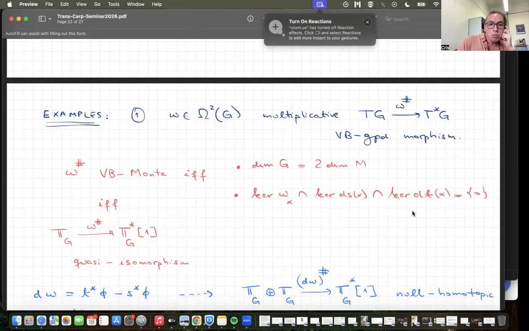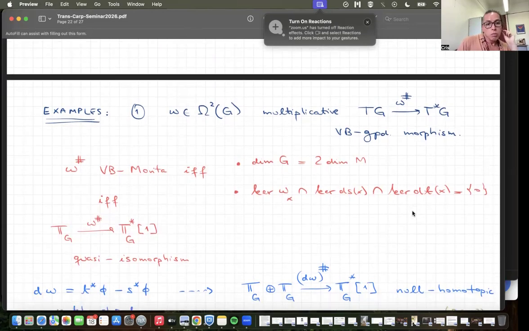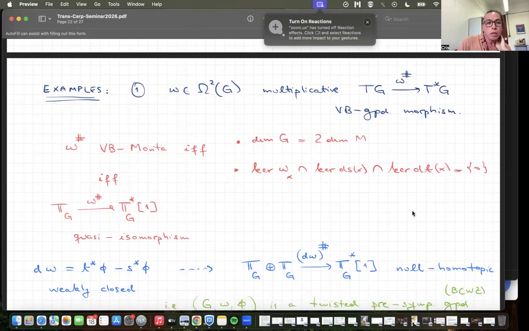All right. So now you can look at integrability conditions on omega. If you take the exterior derivative of omega, this is multiplicative also, in the sense that you asked me before. And we don't want this form to be closed on the nose.